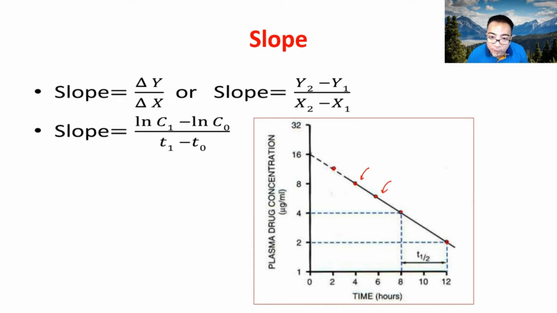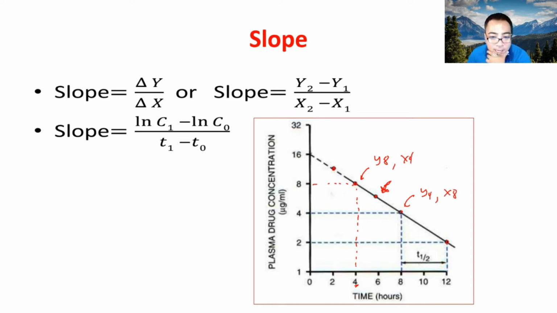So I can use this one and this one. I have data here: this is y8, this is y4, and their corresponding values on x. This is x4, and this is x8.